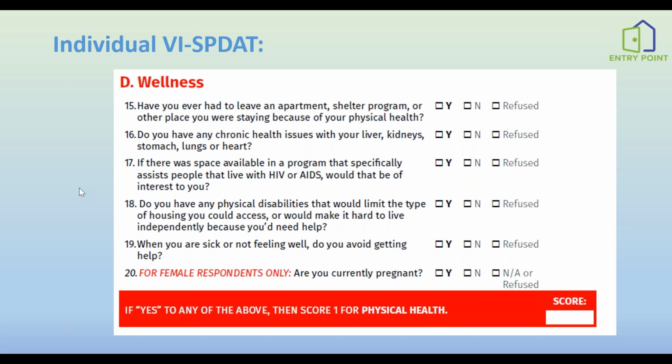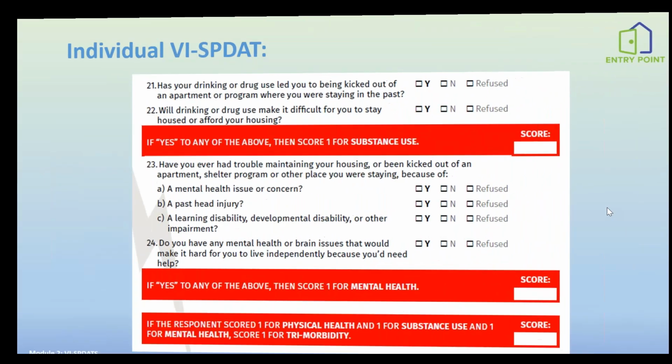So that's an extra incentive for our clients and for us to disclose this specifically to the Entry Point lead team, whether or not you ever put it in HMIS, because we might actually have openings available to house someone immediately, possibly. Can't be sure. So that's the wellness section.